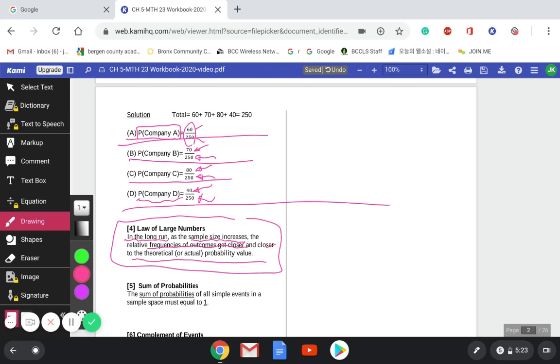What they're saying is that if you have a large number of samples, the probability gets as close as possible to the theoretical or actual probability value. In other words, when you have a larger amount of data, it's more accurate. So the more samples you have, your accuracy goes up. That's the law of large numbers.